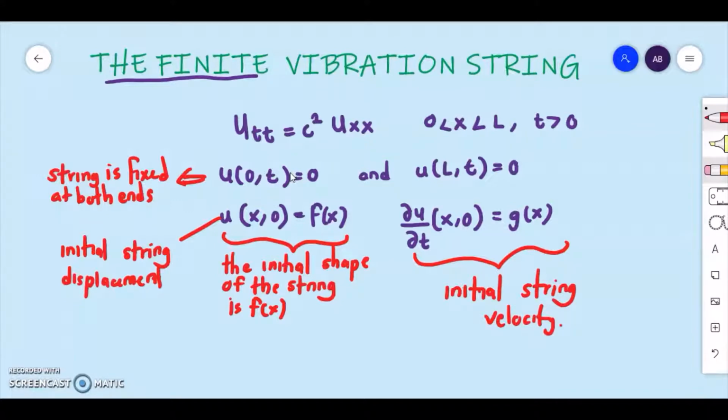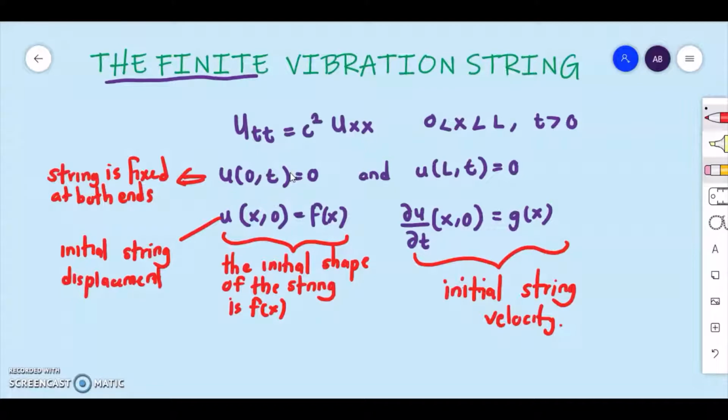Now, what else can I say? If you're given this derivative equals 0, that means the velocity everywhere of the string is 0. In this case, we don't have a 0 velocity. We have the initial string velocity given by g(x).